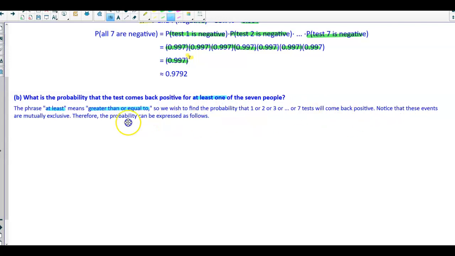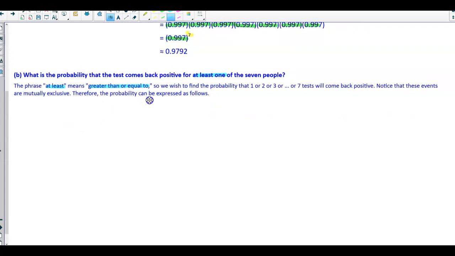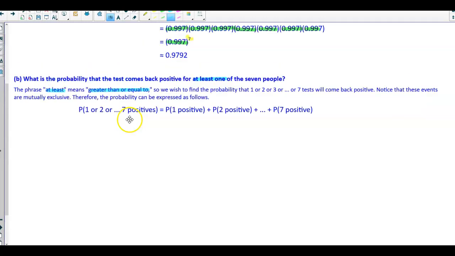Now notice that these events are mutually exclusive, therefore the probability can be expressed as follows: the probability of 1 or 2 or up to 7 positives is equal to the probability of 1 positive plus the probability of 2 positive, all the way to the probability of 7 positive.